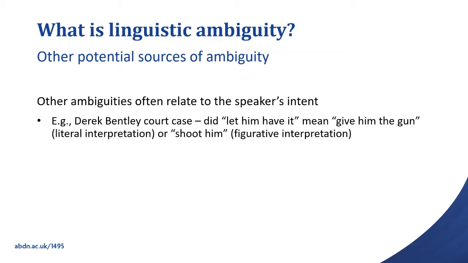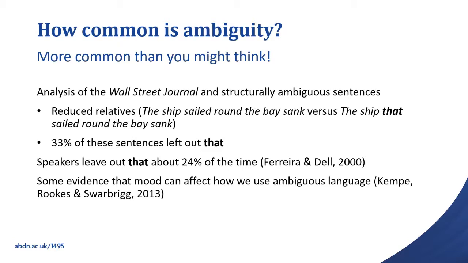What this is about is, do we interpret let him have it as having a literal interpretation to hand the gun, or as having this figurative interpretation to shoot someone? So this is quite an extreme example, but ambiguity can be really a life or death thing in this situation. Now, how common is ambiguity? I'm going to argue that it's a lot more common than you might think. And we know this from what psychological research tells us.